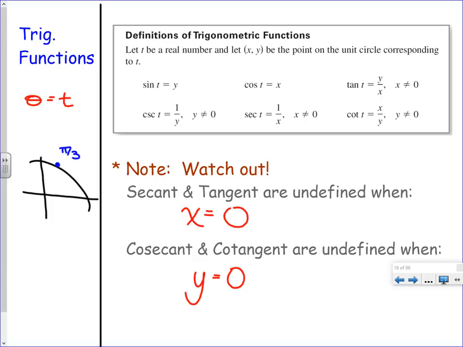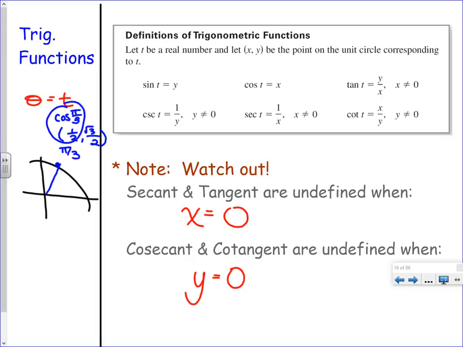Pi over 3, but either way, whenever you have a coordinate pair, wherever you are in the unit circle, that coordinate pair for this one, over a little, 1/2, up a lot, root 3 over 2. You have an x and you have a y. What does the x go with? Cosine.